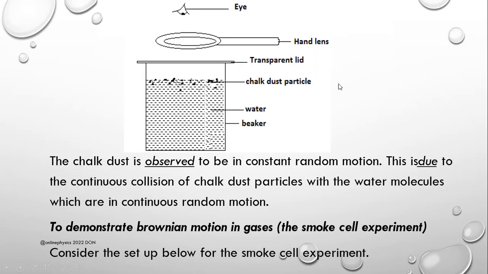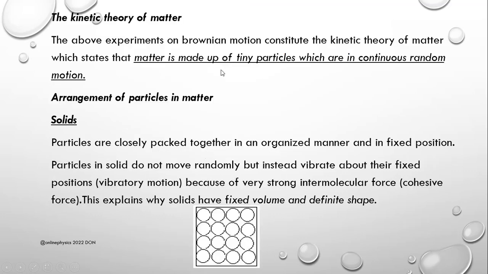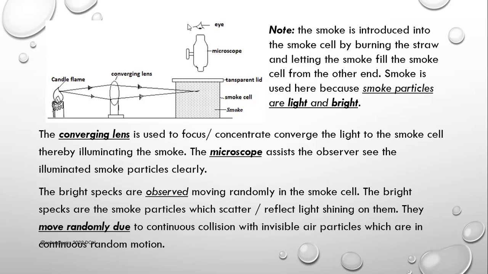This one was supposed to be for the first one. We had talked about chalk dust particles there. There is a question which we can ask under the smoke cell. These are the sensitive parts which we need to give a lot of attention to.